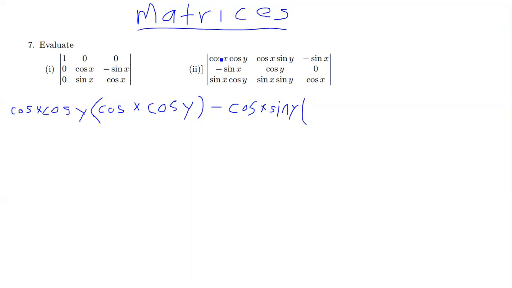So for the minor, we're going to cross out this line and this line. The remaining entries are the minors for this. So negative sine x times cos x, you get your negative sine x cos x. You write it like that.